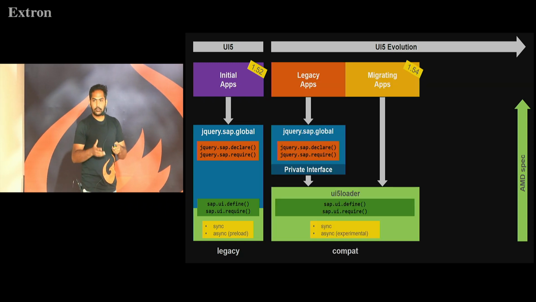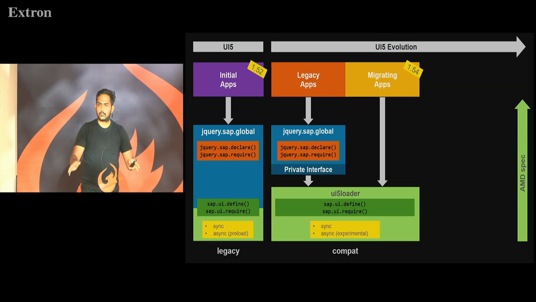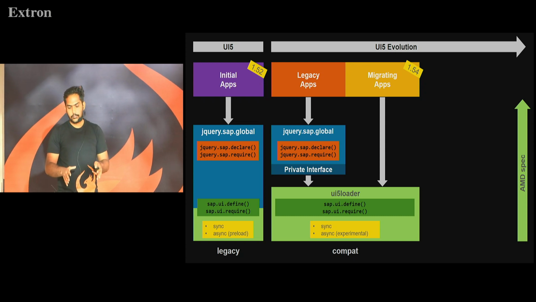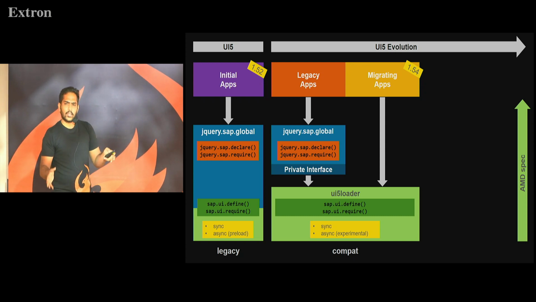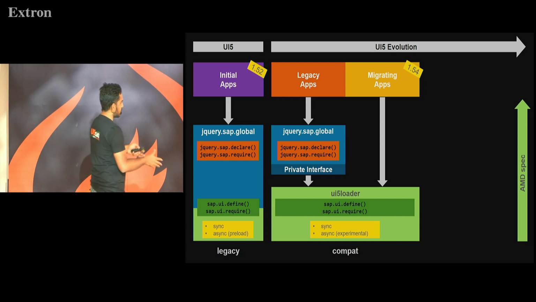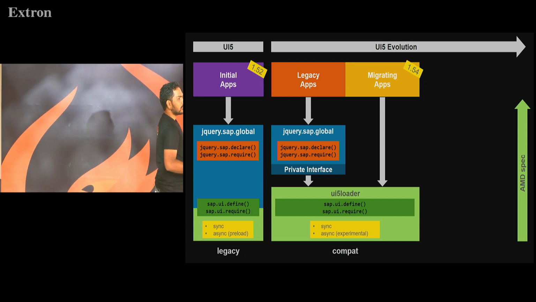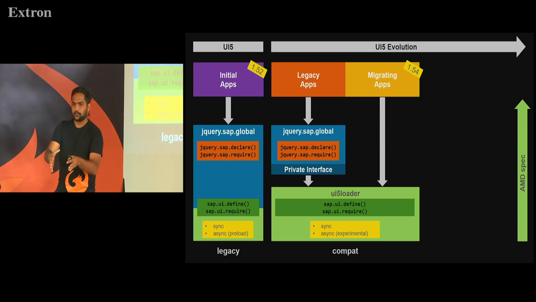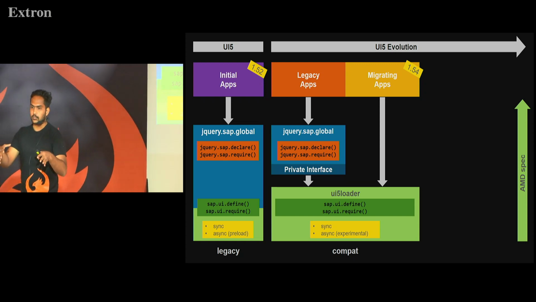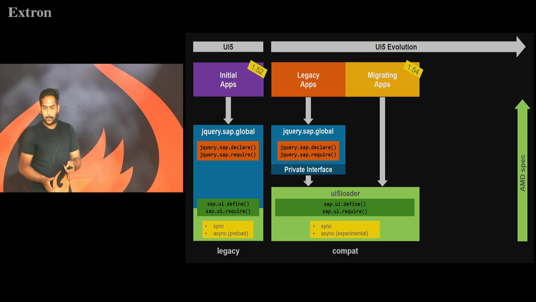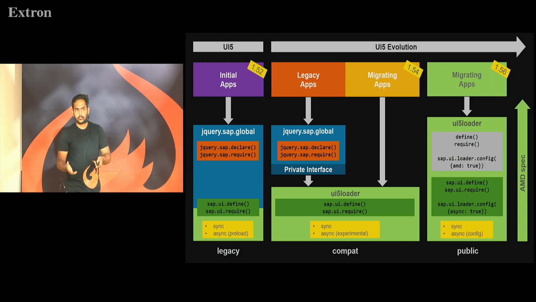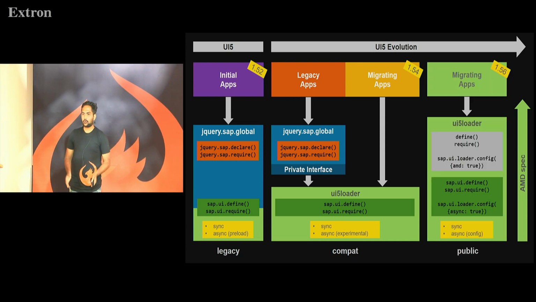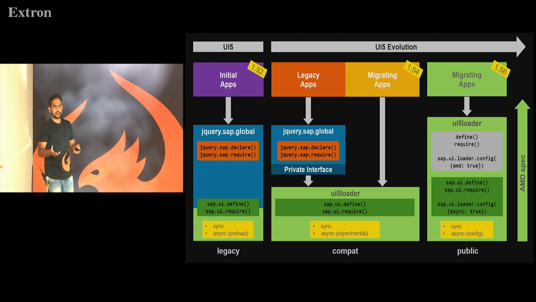In 1.54, you can see this is a new block. The UI5 loader is now a new block, and even though it was loading things in a synchronous way, using some tweaks and settings you could have achieved loading modules in an asynchronous way, but it was difficult. Even more improved, in 1.56, it's your best friend to load all the modules. It is more of a RequireJS kind of syntax.